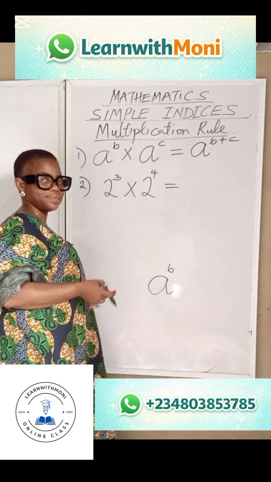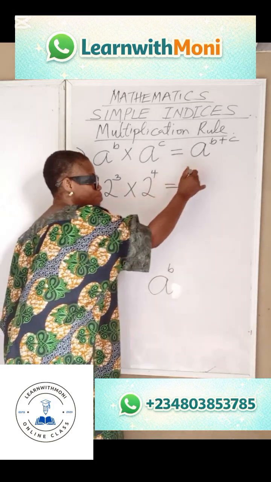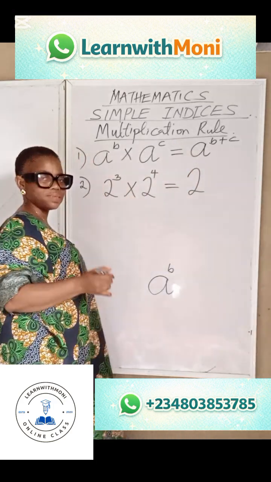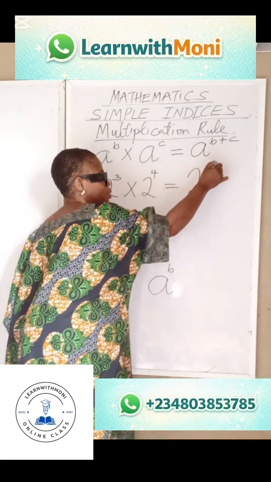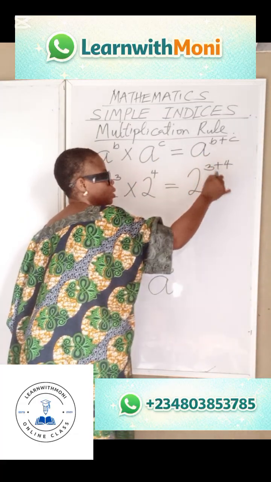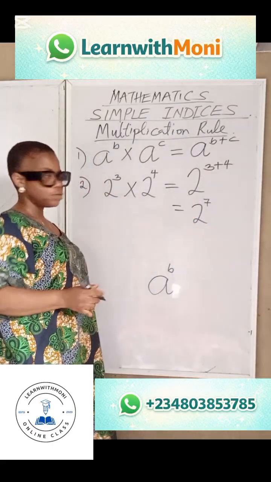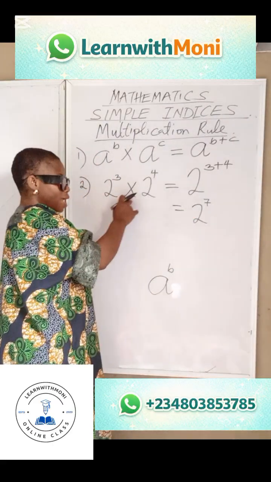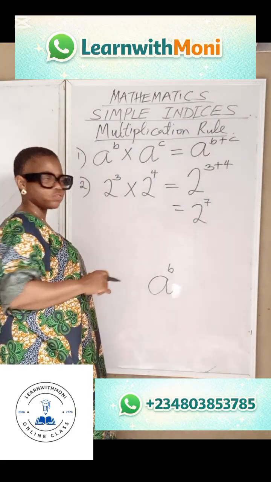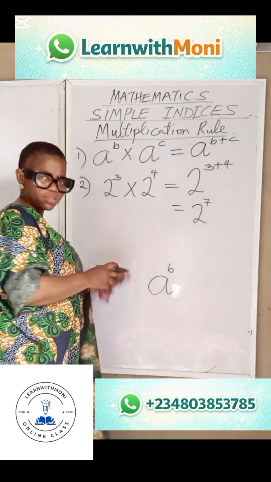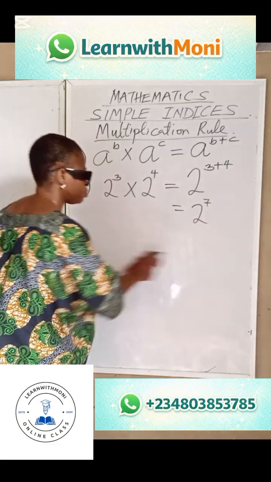Once the bases are the same, you pick the base and add the powers, 3 plus 4. This is equal to 2 raised to power 7. 2 raised to power 3 times 2 raised to power 4 equals 2 raised to power 7. Let us find out if this is true.